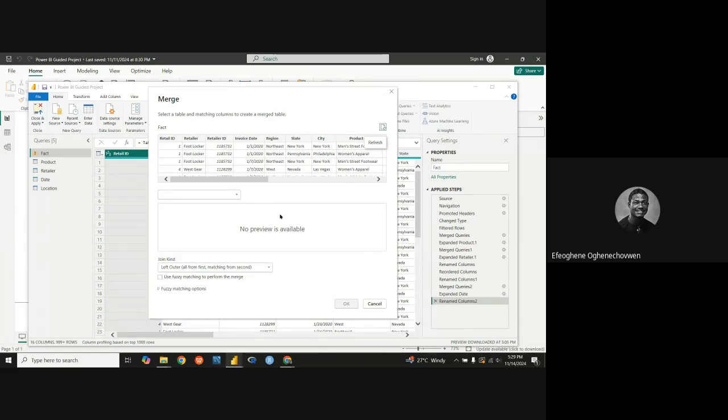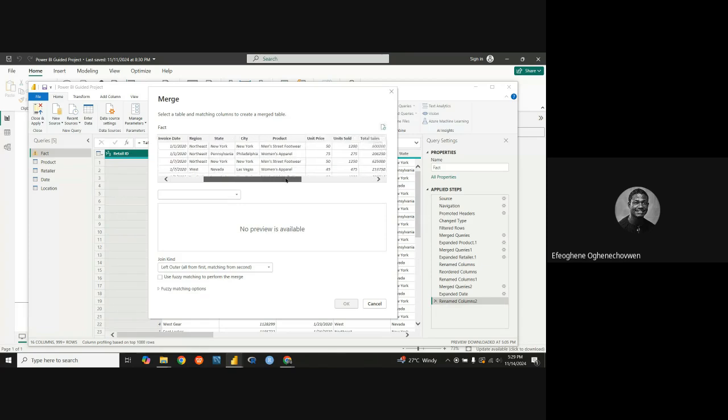If I decide to break it into 3 tables, region in 1 table, state in 1 table, city in 1 table, I'm sure from the example I've given you, you're able to create a primary key, because I just created a primary key using the retailer table and product date. So you'll be able to do that. But in a situation where you want to aggregate your region table or your location table with 3 columns at the same time, this is how you do it.